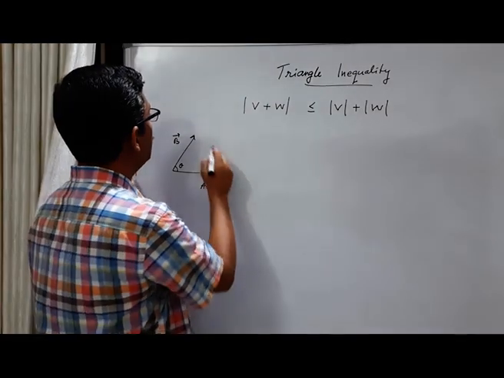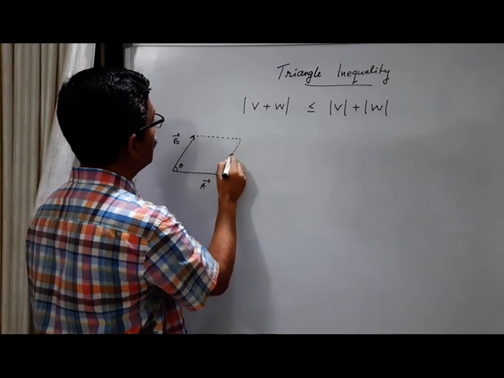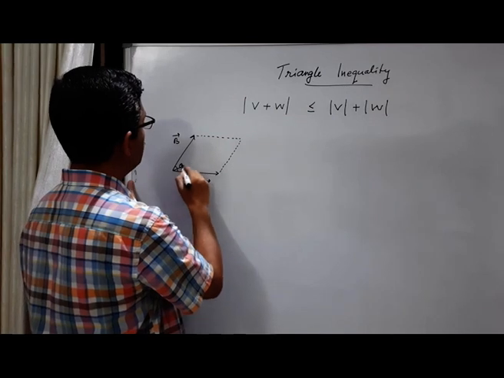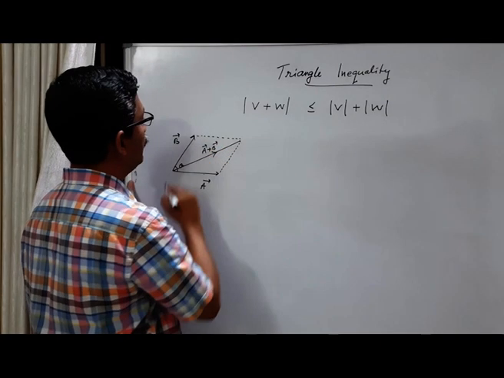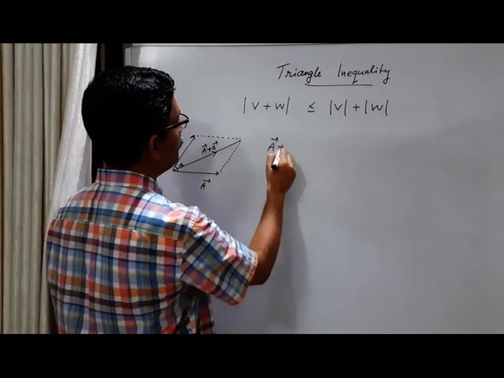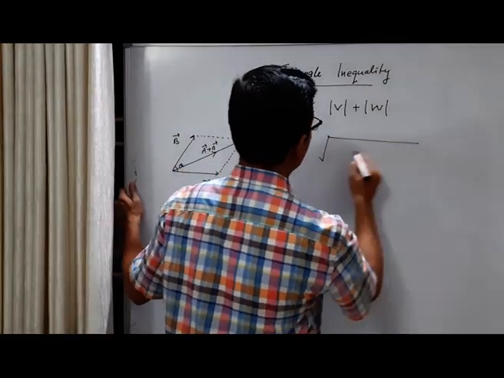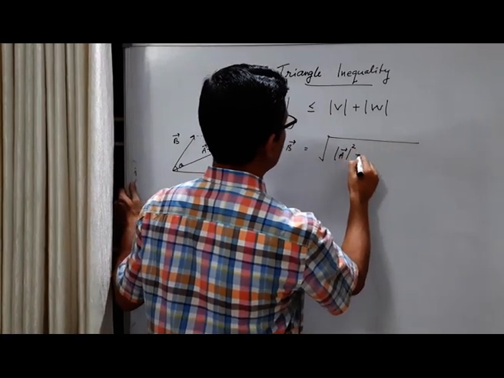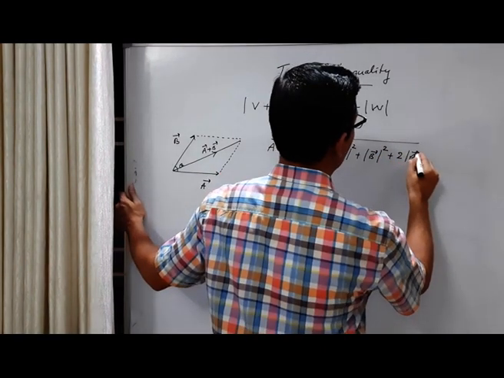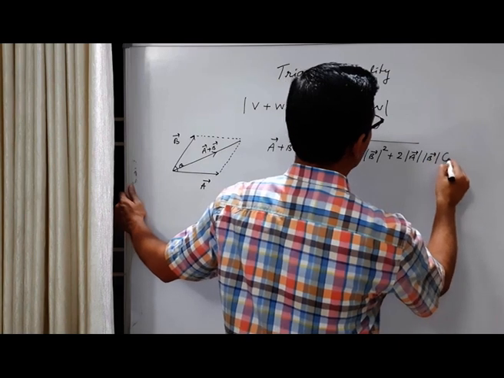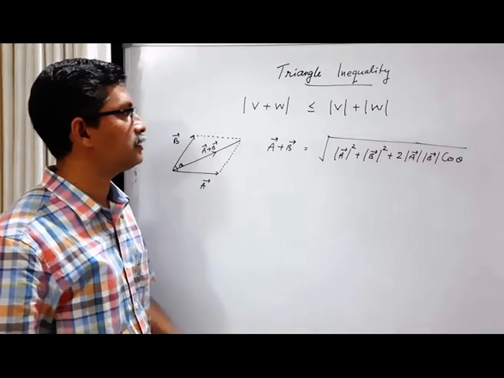Then according to the parallelogram law of addition, this diagonal will be A plus B. And we know that the magnitude of A plus B is equal to the square root of mod A square plus mod B square plus 2 times mod A mod B cosine of the angle between A and B. In this case, since the angle is theta, it is cos theta.